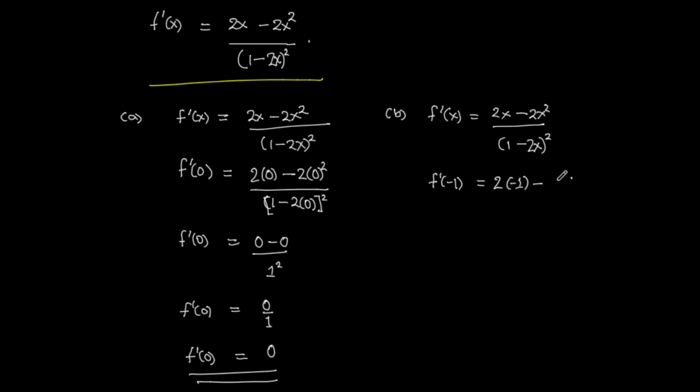So in our first term, we have 2 times negative 1 minus 2 also into negative 1, and this x is squared, so we square this term. Then we go ahead and have in the denominator 1 minus 2 into negative 1, and then the whole thing is squared. So we go ahead and copy down the left hand side of this expression, where the first term of the numerator goes to negative 2.